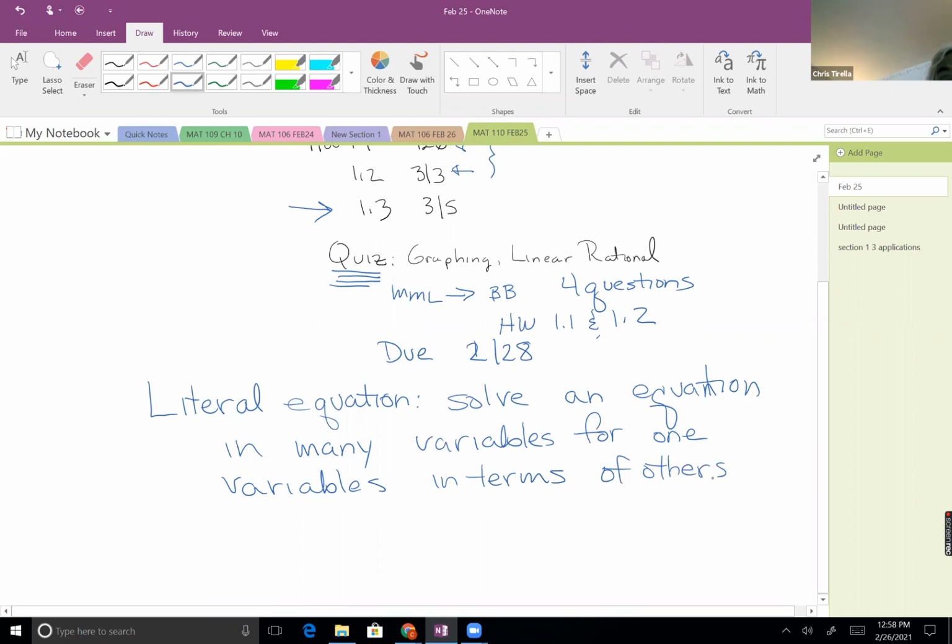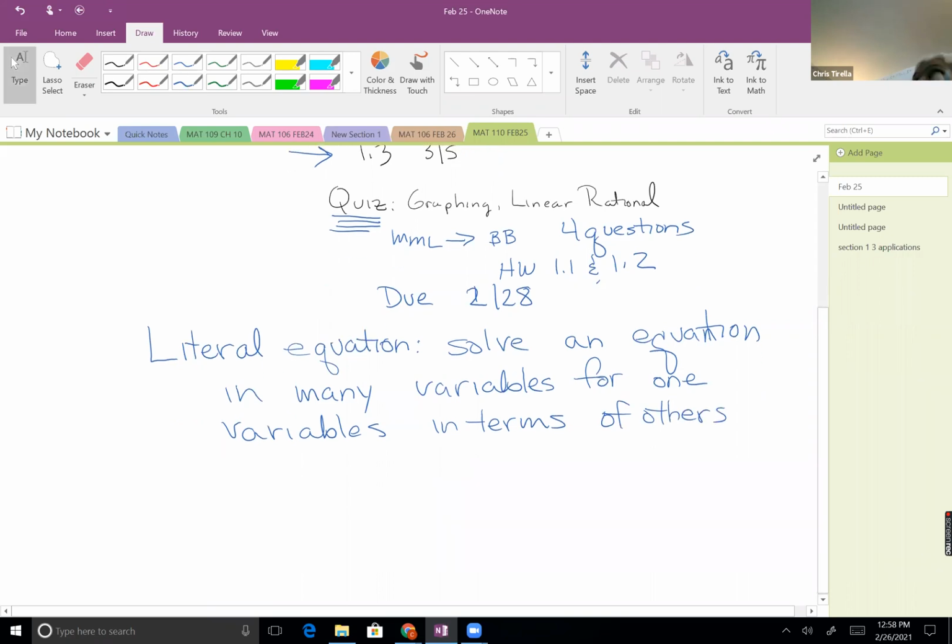And honestly, this is no different than what we've been doing, solving equations. We're going to use our properties of equality, that addition property, add the same thing to both sides, subtraction property. It's not a property of equality. Equation is property of equality, I'm sorry.